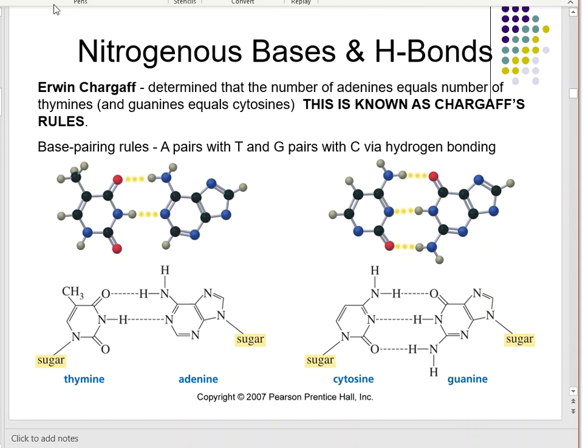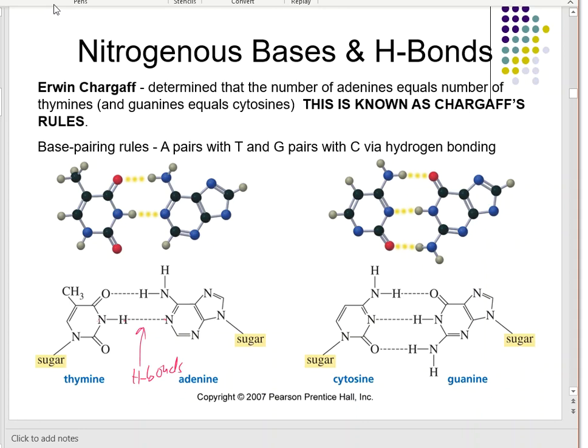And what I want you to look at is the dotted lines that happen here. H attached to an N, O, or F that is then attached to another N, O, or F. That is the definition of a hydrogen bond. Hydrogen bonds are the driving force that keep these base pairs together.